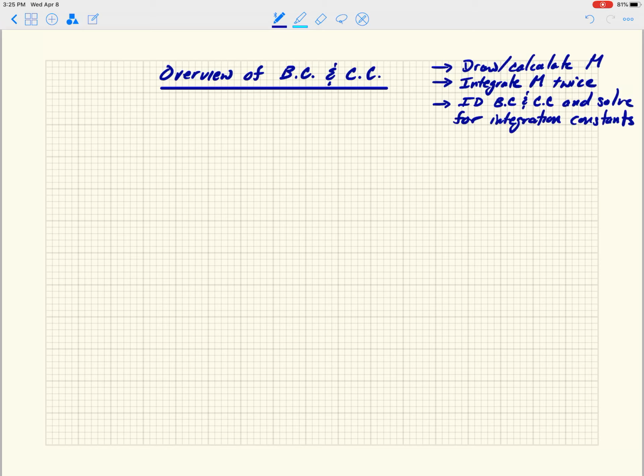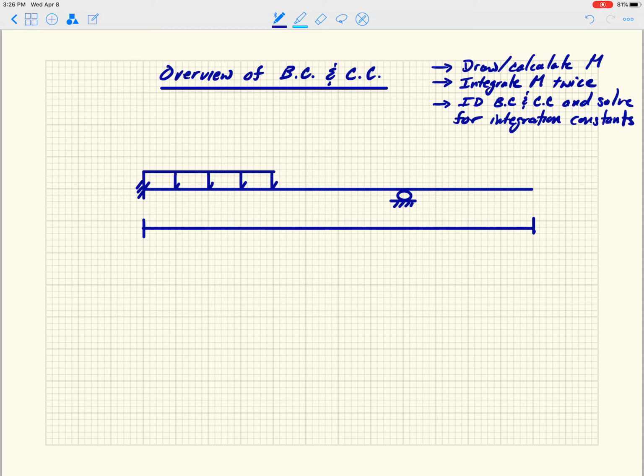So the first problem that I wanted to do looks something like this, and we had a roller support there, and we had, let's see, 1, 2, 3, 4. So we have a uniformly distributed load here, right? And that is a fixed support, and each one of these dimensions here is L over 2.